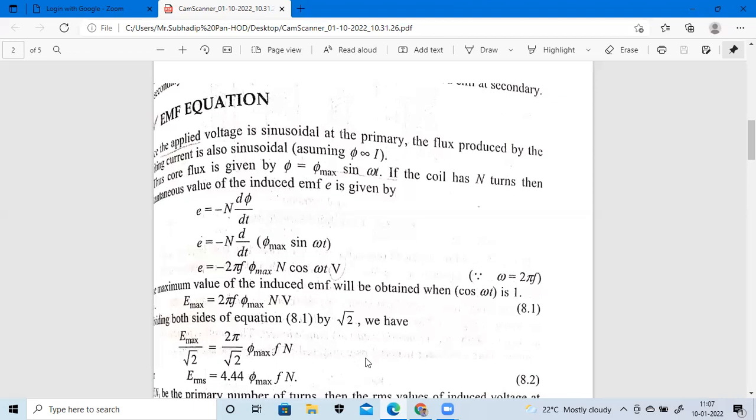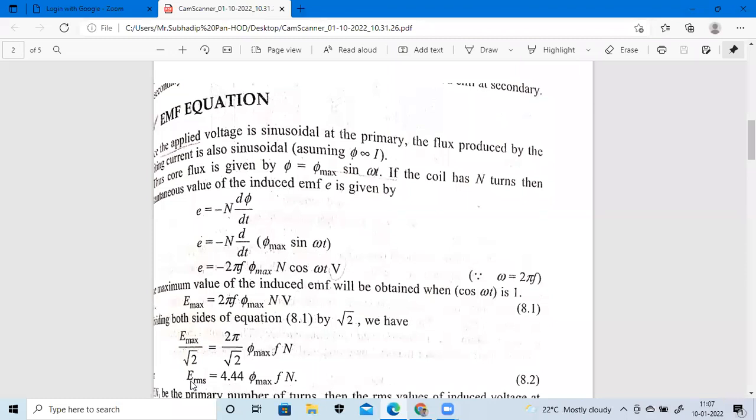We already found the EMF induced in the primary coil, that is E RMS equal to 4.44 phi maximum frequency into number of turns. Here, 1 represents the primary coil or supply side coil.